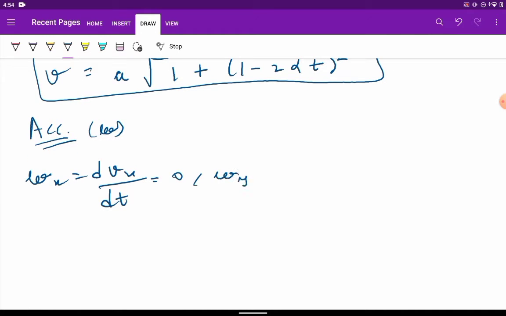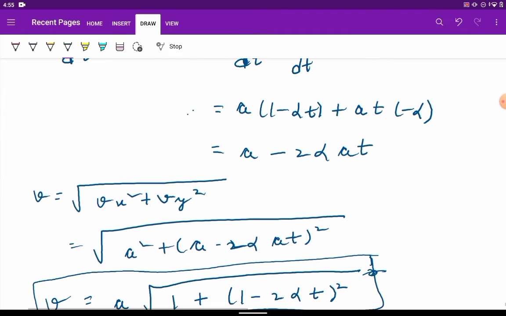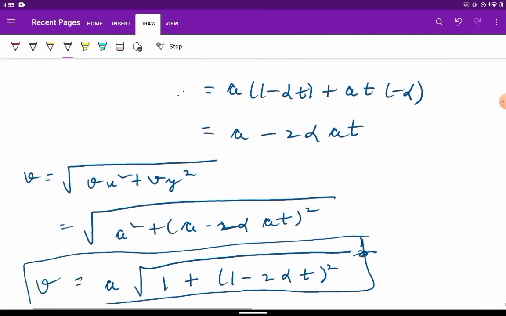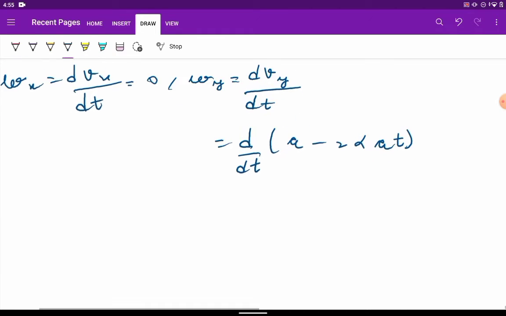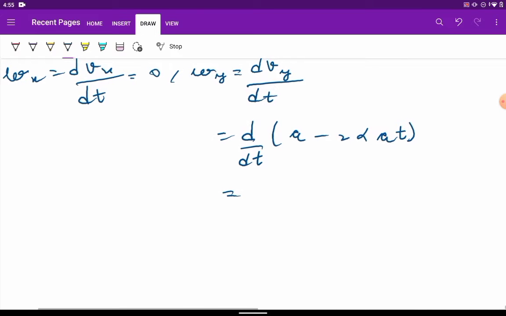And wy is dvy by dt, which is d by dt of a minus 2 alpha a t. The first term is a constant, the second term is just a constant multiplied by t, so when you differentiate it, you get the constant by which it was multiplied, which is minus 2 alpha a.